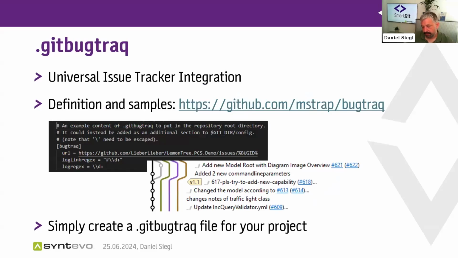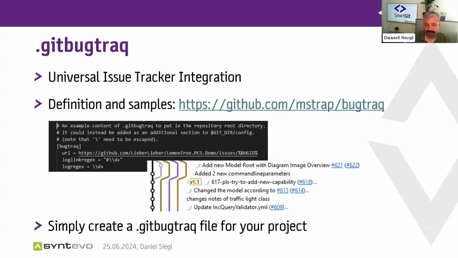One of the topics of the webinar is also how you can integrate issue trackers into your commit messaging. One of the ways we have, which is our universal issue tracker integration, follows the BugTrack system. You basically just need a .gitbugtrack file in the root folder of your repository, and you can specify how a link is created.